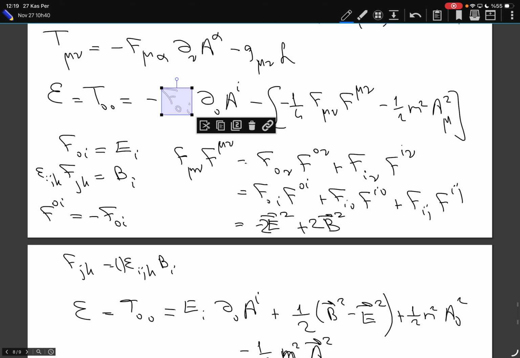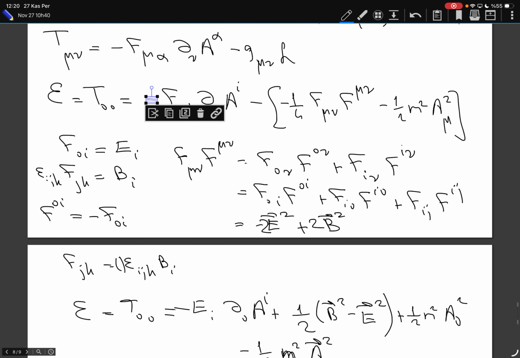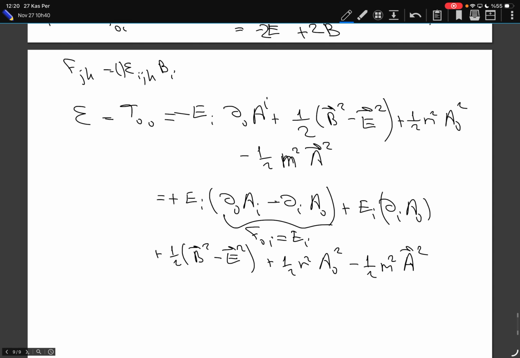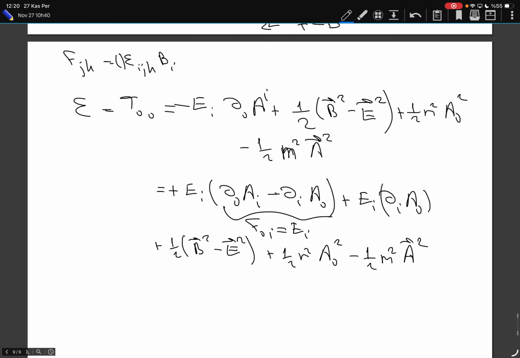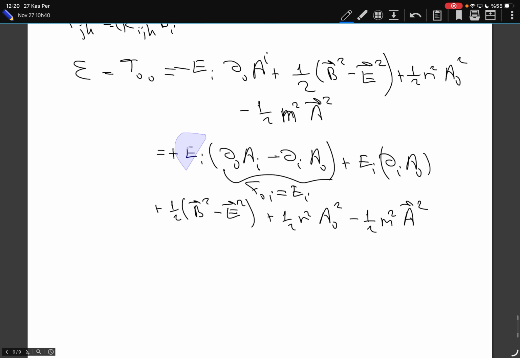There's a minus sign over here already, so this is plus. Okay, fine. So now you see here I have an E_i squared. So that gave me 1 over 2 (B squared plus E squared). Well, this is what we would expect from electromagnetism. E squared is the energy density in the electric field, B squared is the energy density in the magnetic field.